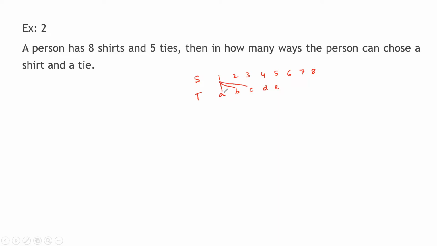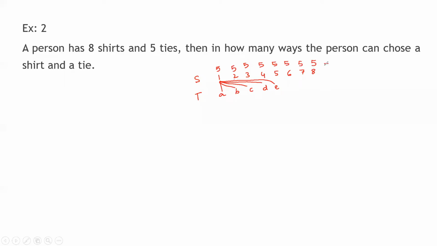Means I can choose A, or B, C, D, or else E. Then second shirt, I'm having again 5 options: A, B, C, D, E. Similarly, for third shirt, I'm having 5 options, fourth shirt, fifth, sixth, seventh, and then eighth.